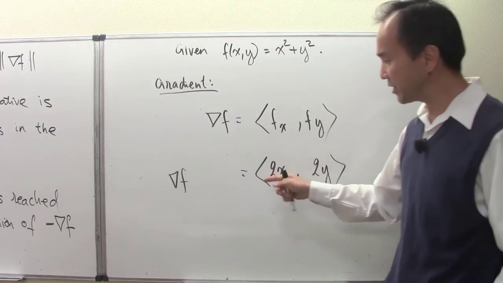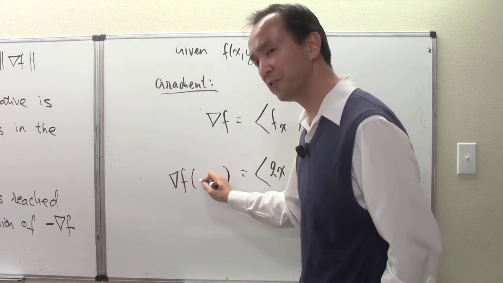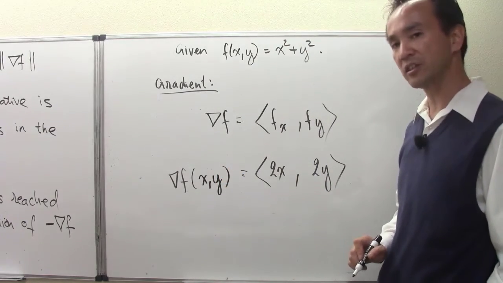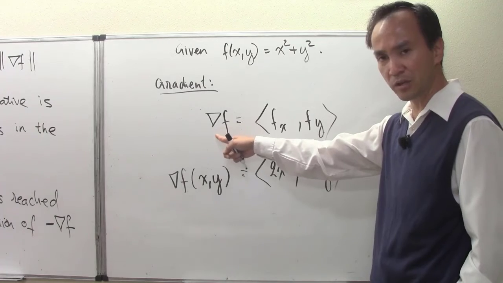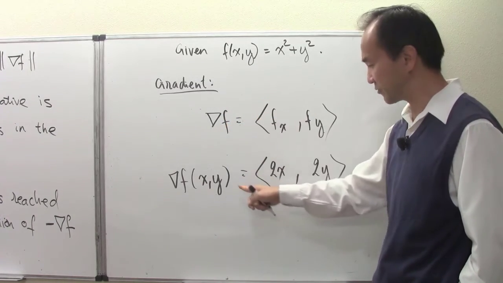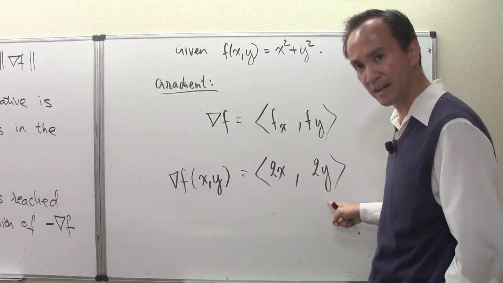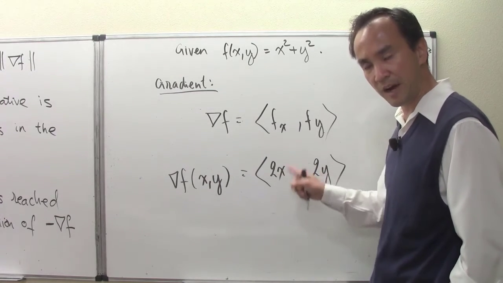This is the reason why the gradient vector is a vector function, depending on the pair of values x comma y. So for short notation, a lot of times people, including me and many other mathematicians, write del f, but really the actual vector is found dependent on the x and y pair of values.